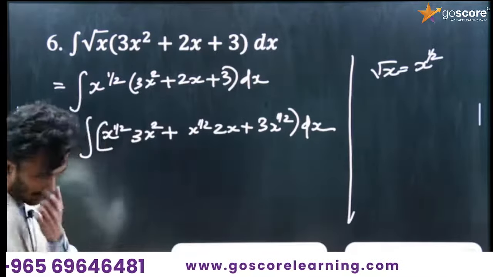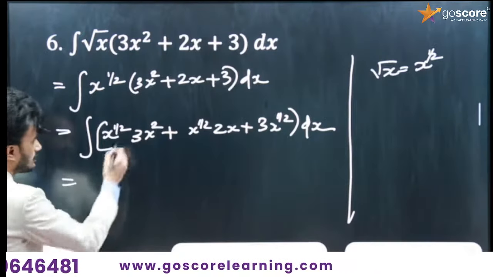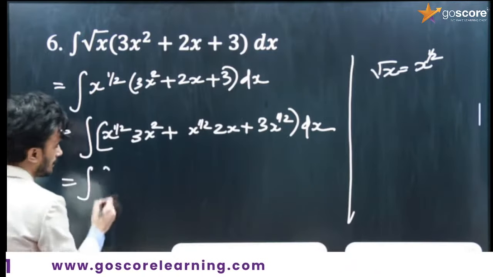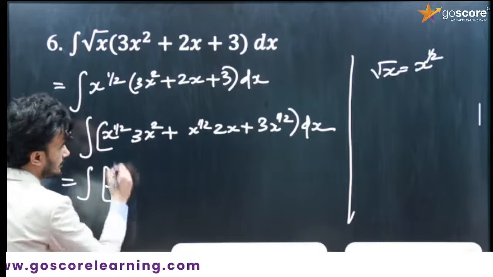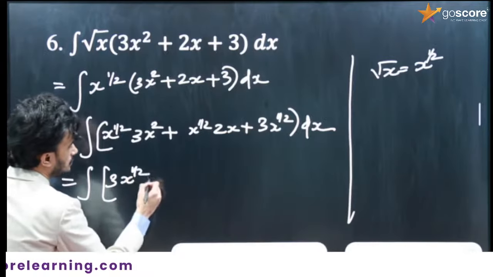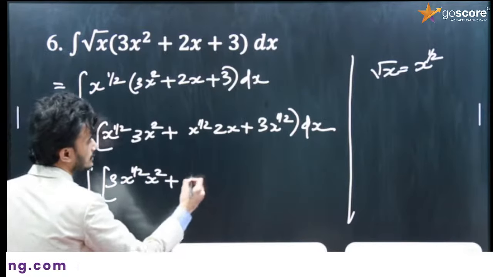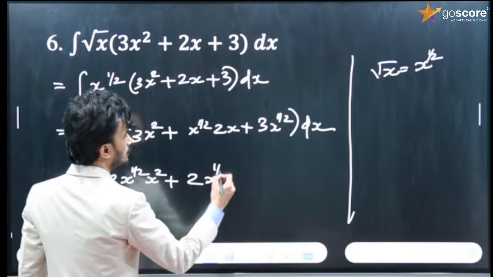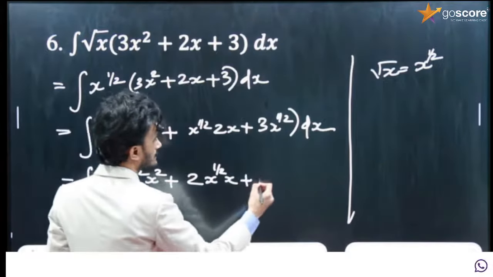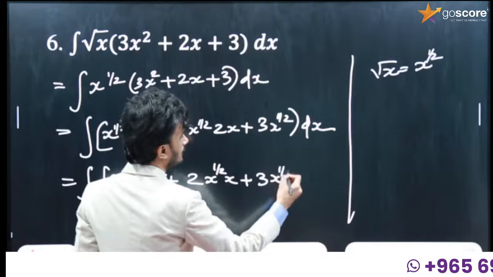Here you can see 3 is a constant: x raised to 1 by 2 into x square, plus 2 into x raised to 1 by 2 into x, plus 3 into x raised to 1 by 2, dx.